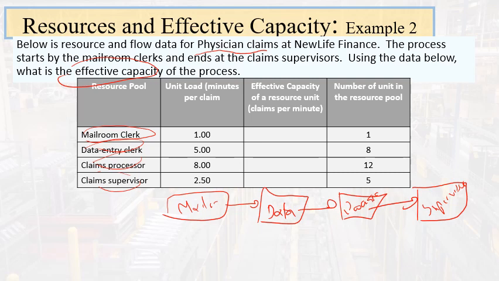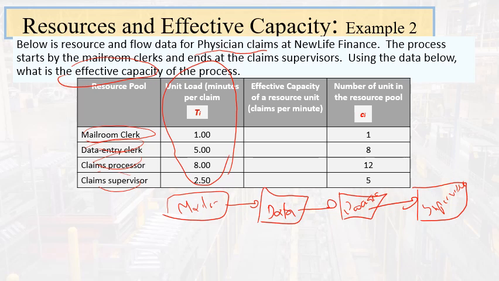So we're going to calculate each effective capacity for each resource pool separately. These are the unit loads they're giving us, which is minutes per claim, and this is exactly what it should be. It should be time per job, per claim, per product.